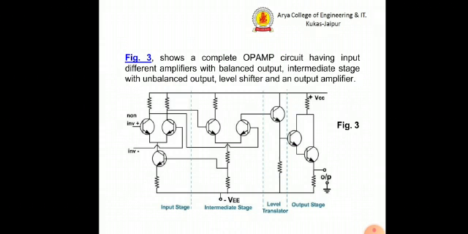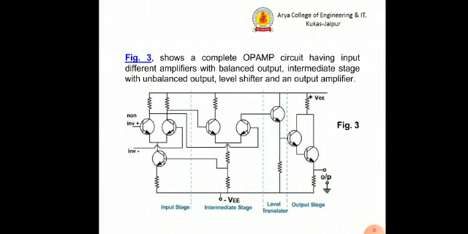Now, figure 3 shows the complete op-amp circuit having an input differential amplifier with balanced output. You can see this by looking at the input stage, which is given by the dashed green line, and second is the intermediate stage, which consists of unbalanced output.